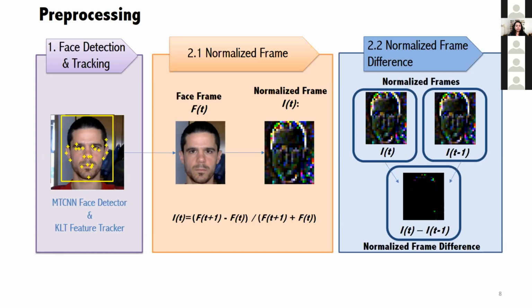We compute a normalized frame, that is the cropped and aligned face, first downsampled to 36 pixels by 36 pixels and normalized to zero mean and unitary standard deviation for higher convergence speed of the training process. After that, we compute the normalized frames difference, that consists of a new frame computed as the normalized difference of the current normalized frame and the previous normalized frame. That frame difference will be a representation of motion and changes in the illumination during the video.